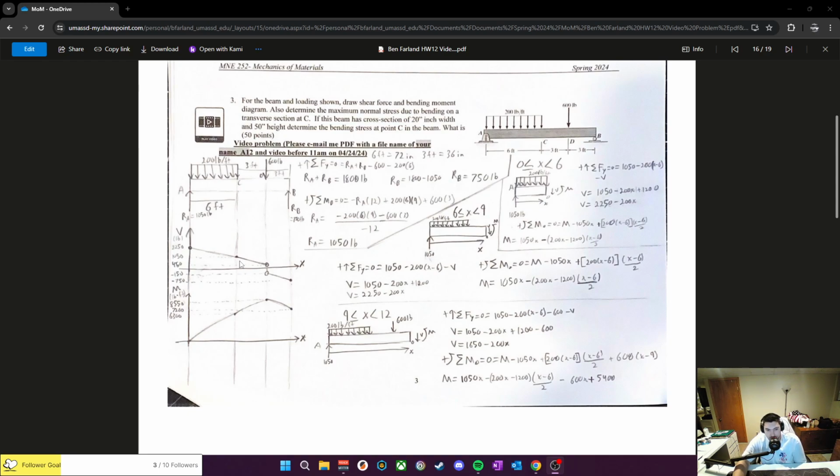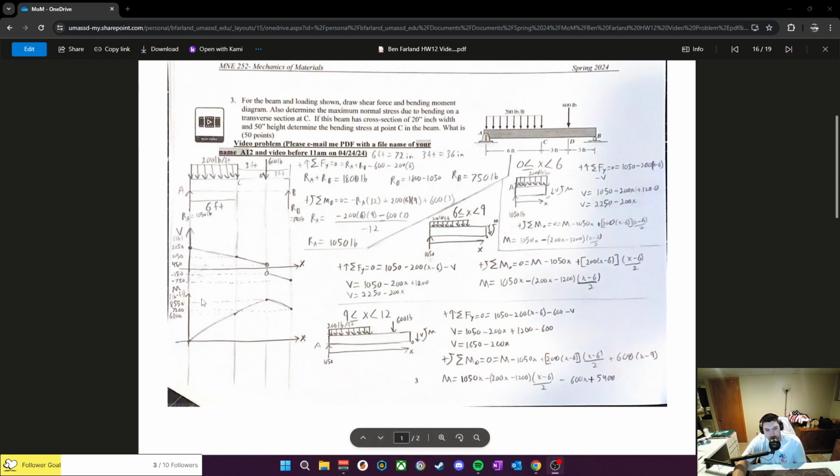We can plot x equals 6 as well. For x equals 6, shear force is equal to 1050. And then we already have found the v for x equals 9 at 450. So we can plot that as well and create the line.